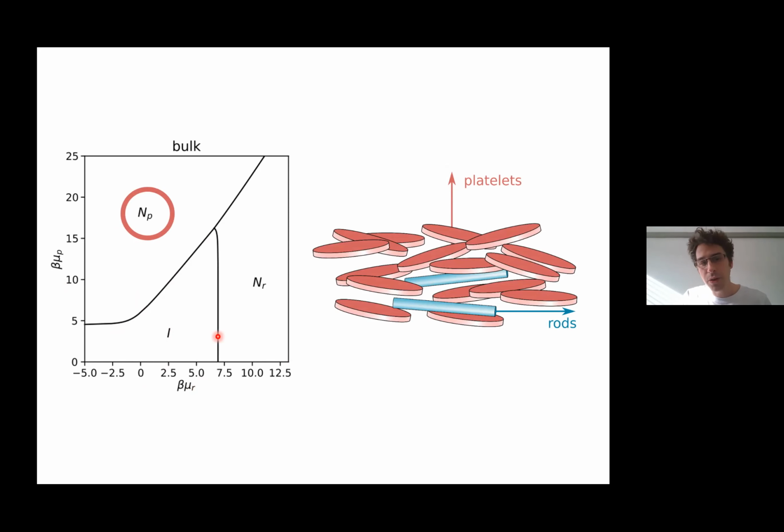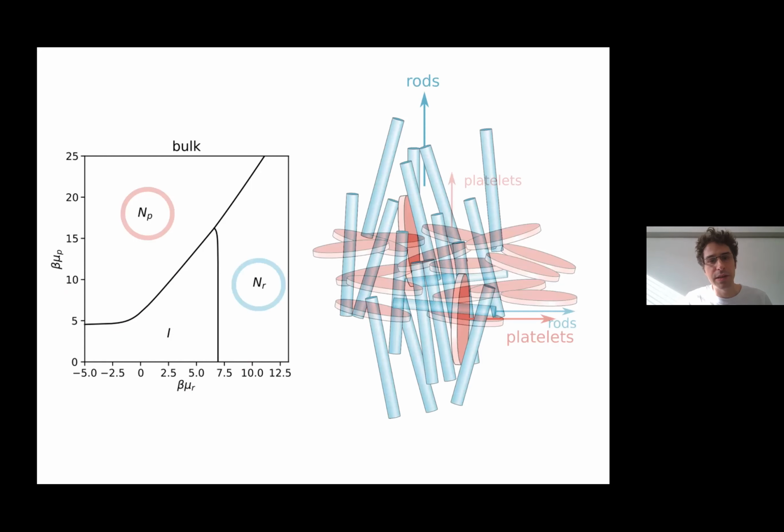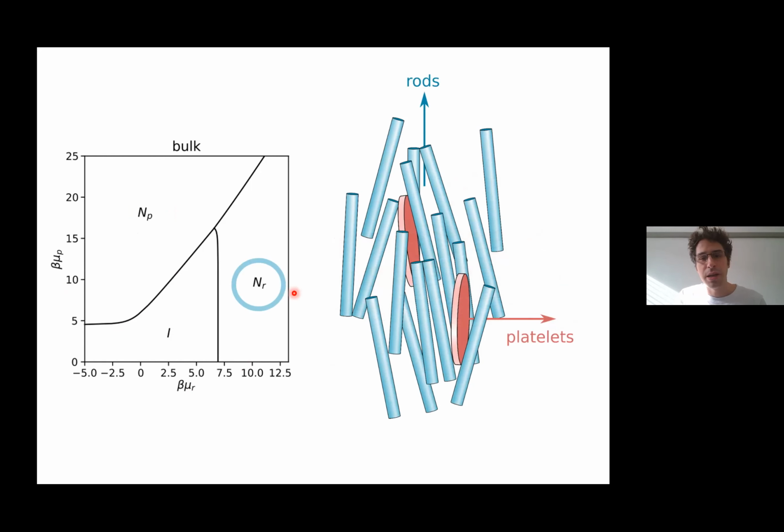Okay. And if you increase the chemical potential of rods, then there is a transition from isotropic to a nematic which is rich in rods. And again, rods and platelets are perpendicular to each other. So this is the bulk phase diagram. There is a triple point there where the three phases coexist.